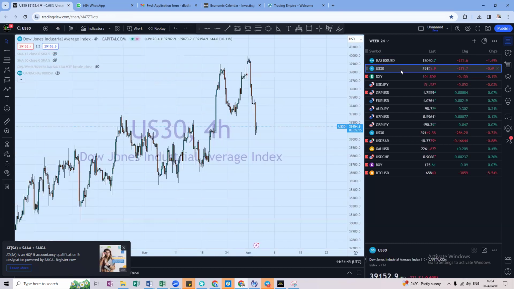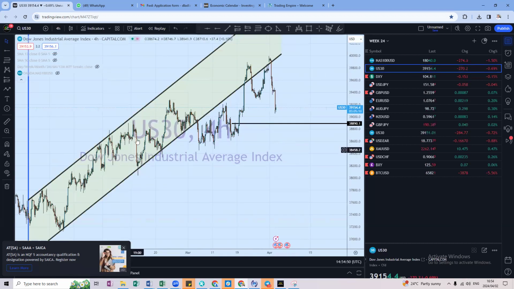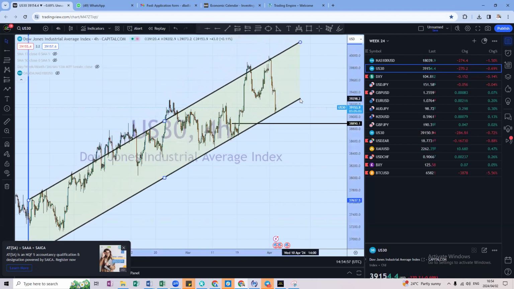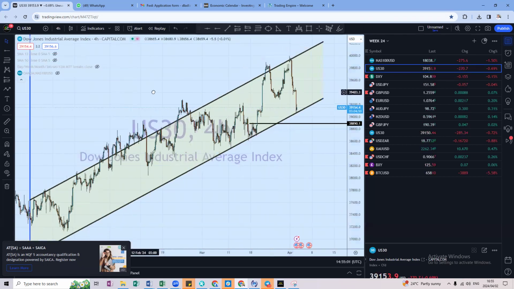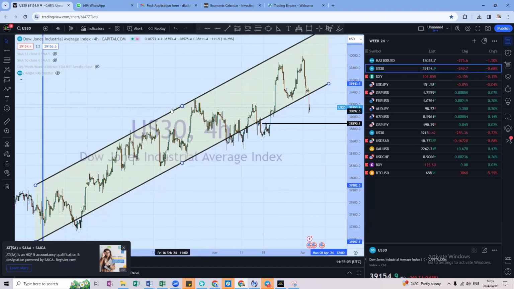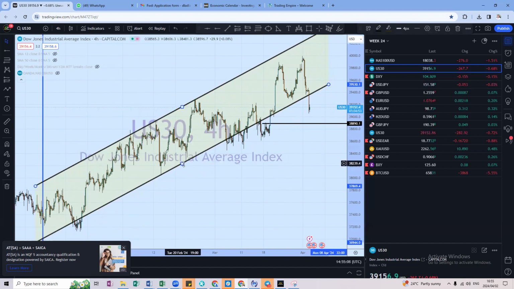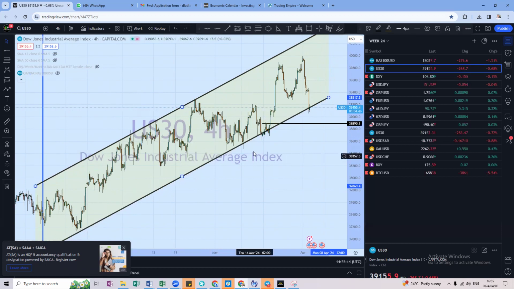US 30 was playing in this channel. Maybe I can move it a bit like that now, since the market has moved. Pull it a little bit to the upside like that, touch there, and move it lower somewhere. It's touching, similar thing.